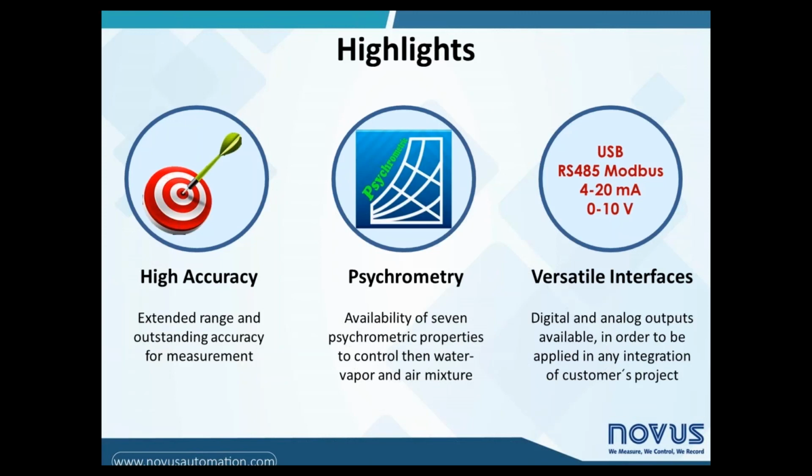The analog outputs are typically used as transmission signal for PLCs or dedicated controllers, and can be used as current or voltage signal. So, this feature provides the device the ability to be applied in any integration of customers' projects.